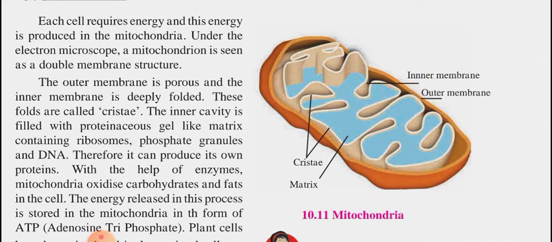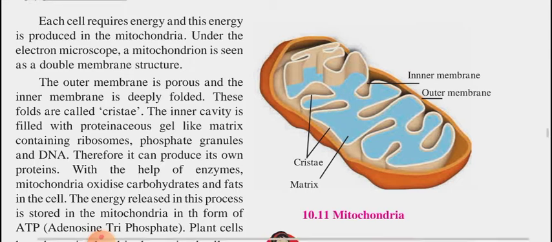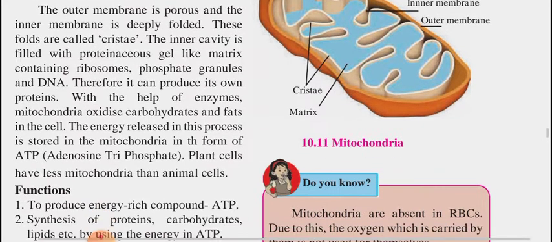Now, under the electron microscope, a mitochondrion is seen as a double membrane structure. In the last lecture, we saw observation of cells like this. Similarly, we observe the mitochondria only under the electron microscope.